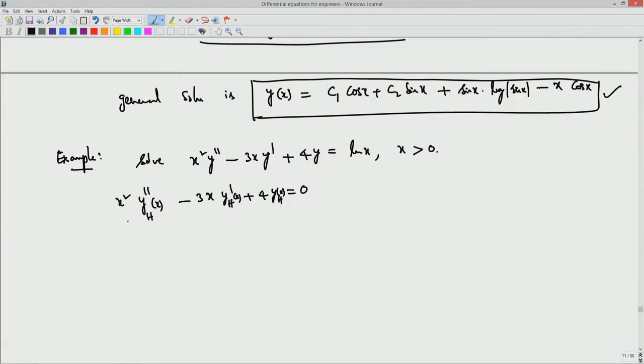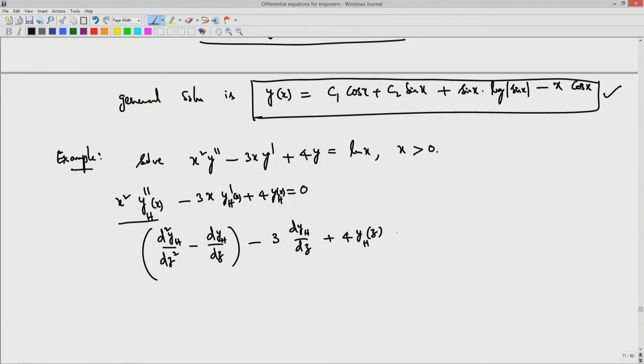So x square y double dash becomes d square yh by dz square minus dyh by dz, and minus 3 x yh dash of x I can replace by minus 3 dyh by dz, plus 4 yh of z.